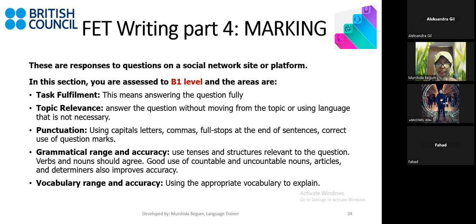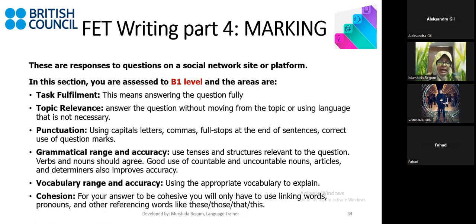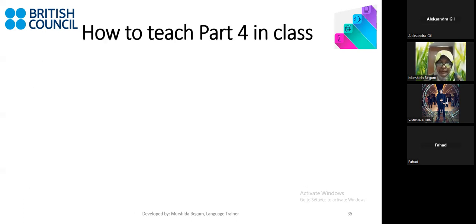Vocabulary range and accuracy: definitely use appropriate vocabulary to explain. And finally, cohesion. For your answer to be cohesive, you will need linking words, pronouns, and other referencing words like these, those, that, this. Those are important, and that will be highly looked into, and the marking will be done likewise.